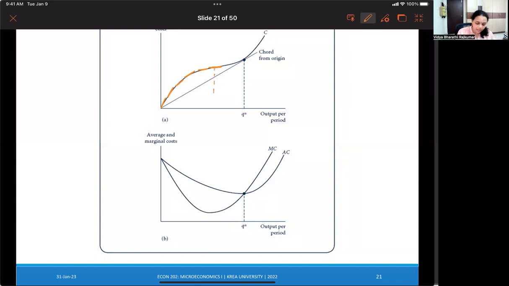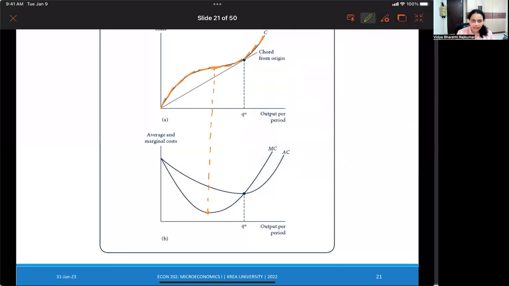Notice that this is where that happens, at that level of output. Once you cross that threshold, your marginal cost starts climbing. So your marginal cost function is just the slopes of all of these tangents. Initially, when your cost function increases at a decreasing rate, your MC is falling. Then it hits its lowest point. And then when your cost function starts becoming convex, its derivative starts having a positive slope. And that's how you get your MC curve.